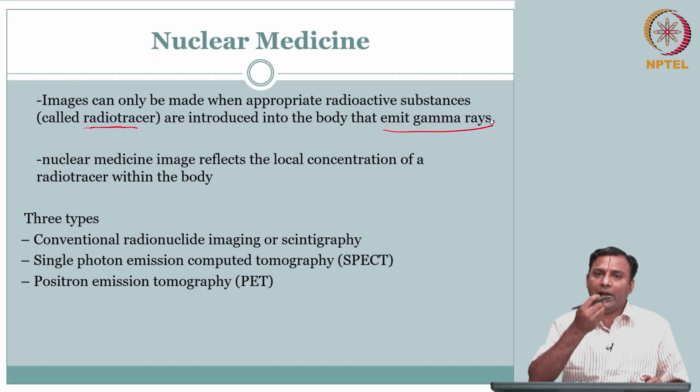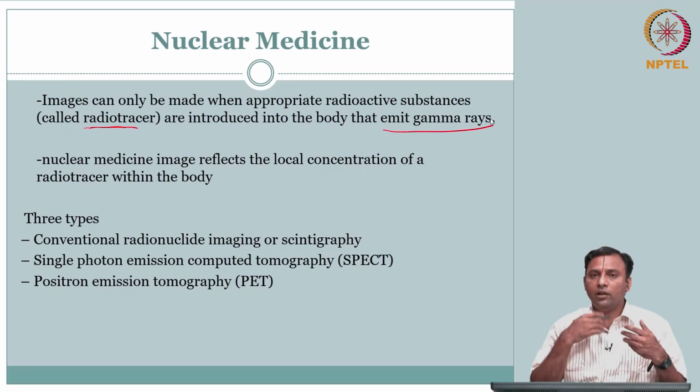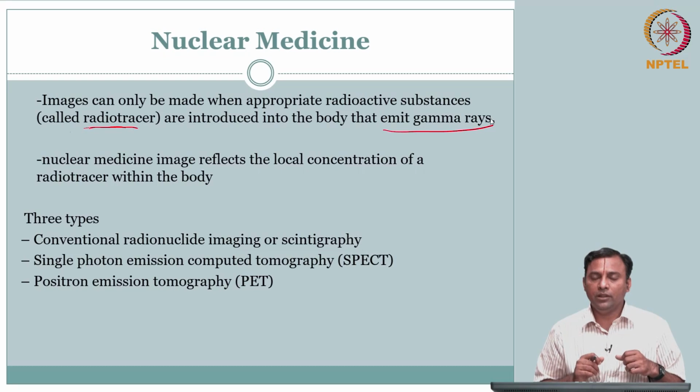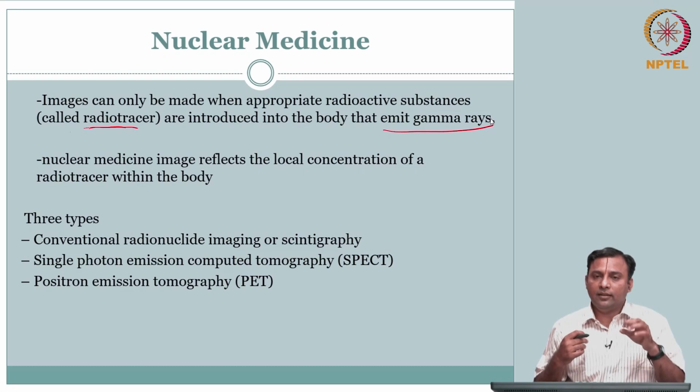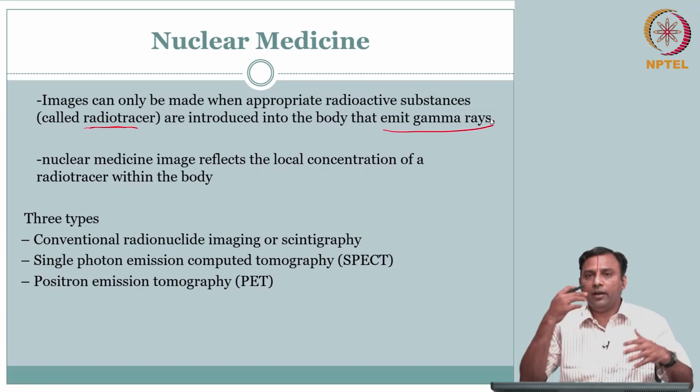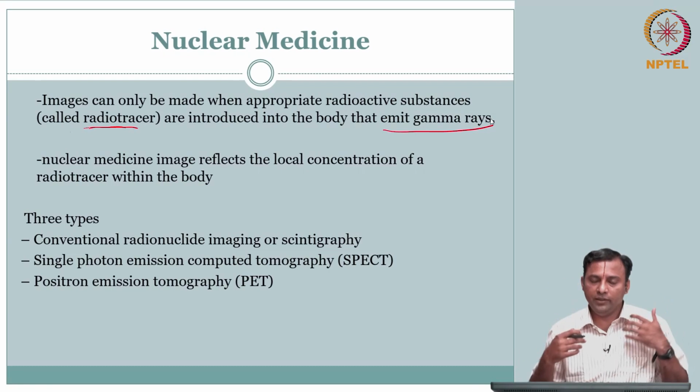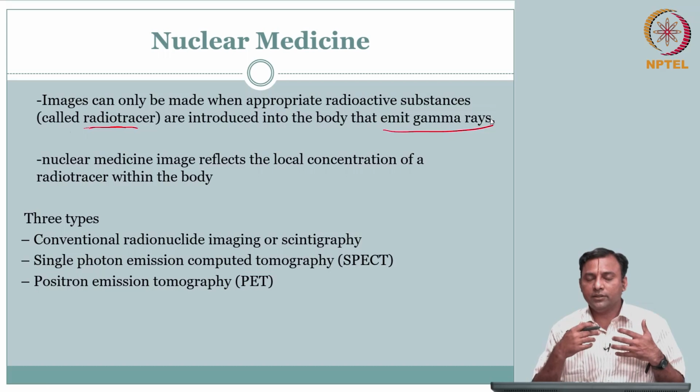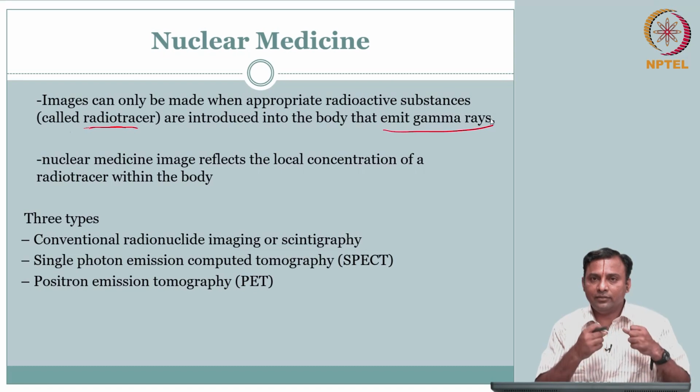So they will have you take some radio tracers, right? Inject it, or oral, you can drink some solution. So it will go into the body. Then what happens? The radio tracer is going to circulate in your body, and wherever it goes and wherever it takes part in some activity, the radioactive decay will start happening.